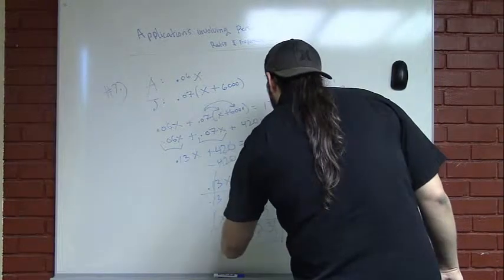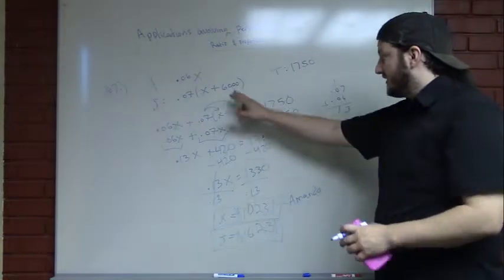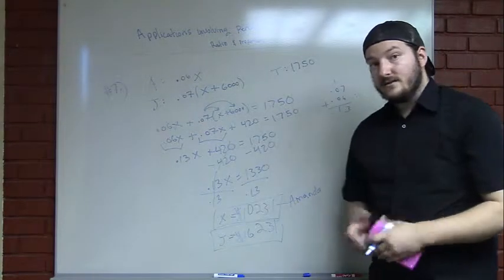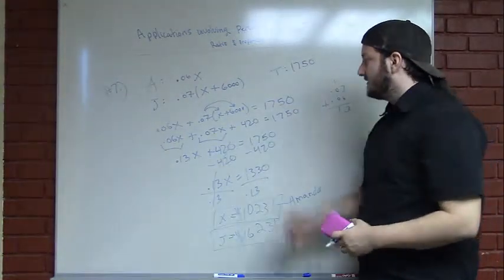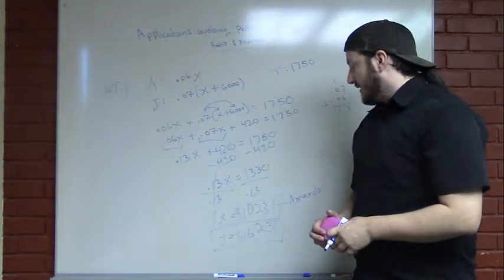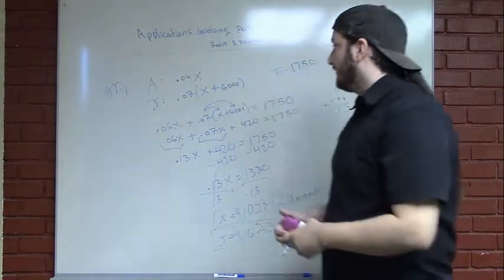Put some dollar signs on that guy. So all I did to find John's was I just added 6,000 to that. Does that make sense? So that's pretty good. Kind of a small profit, but seems like that's what we get these days, huh? It is what it is.